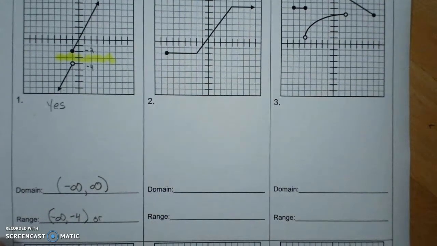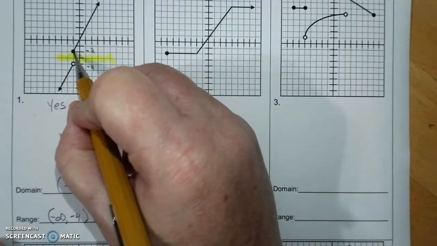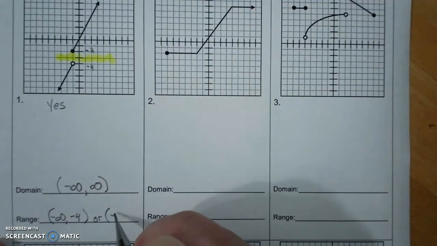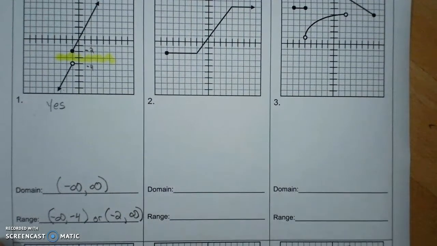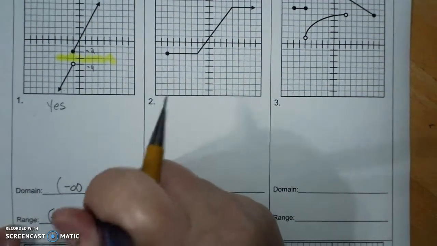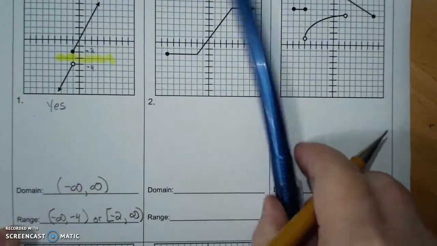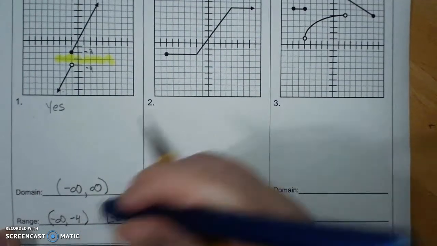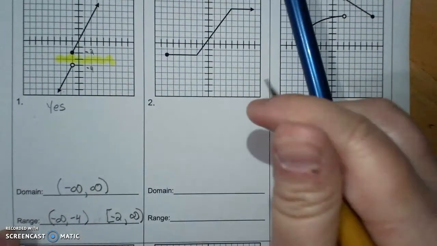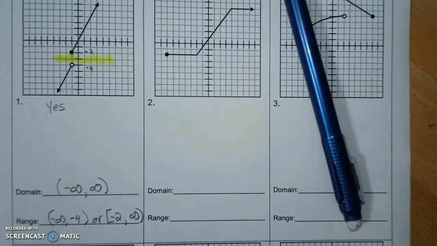Or it goes from -2 to infinity. And I'm going to adjust this because that -2, since it has a closed dot, has to have a bracket. And this is an and, we're going to leave it as or for right now.